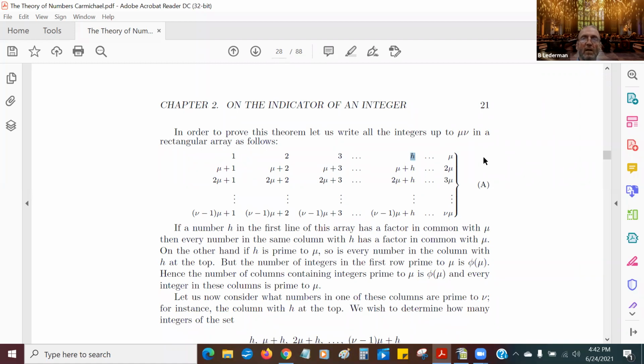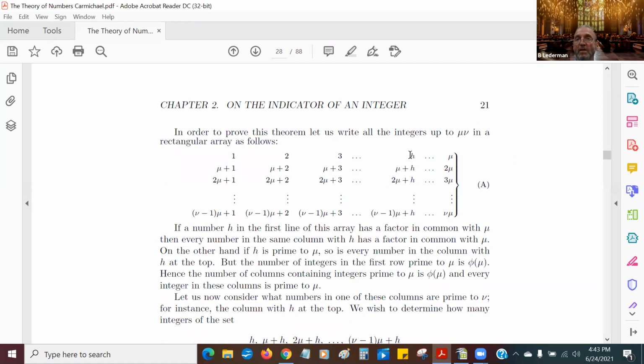Now, if a number h has a factor in common with mu, then everything on this whole column is going to have a factor in common with mu. Because if h shares a factor with mu, then mu plus h also shares that same factor, and 2 mu plus h is going to share that factor all the way down the line.